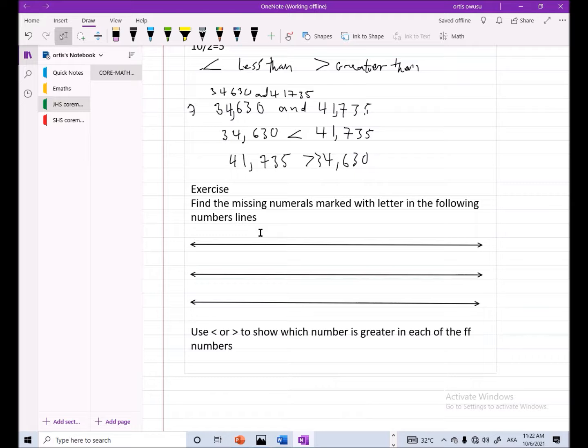All right. In mathematics, we don't write too much. That's all.